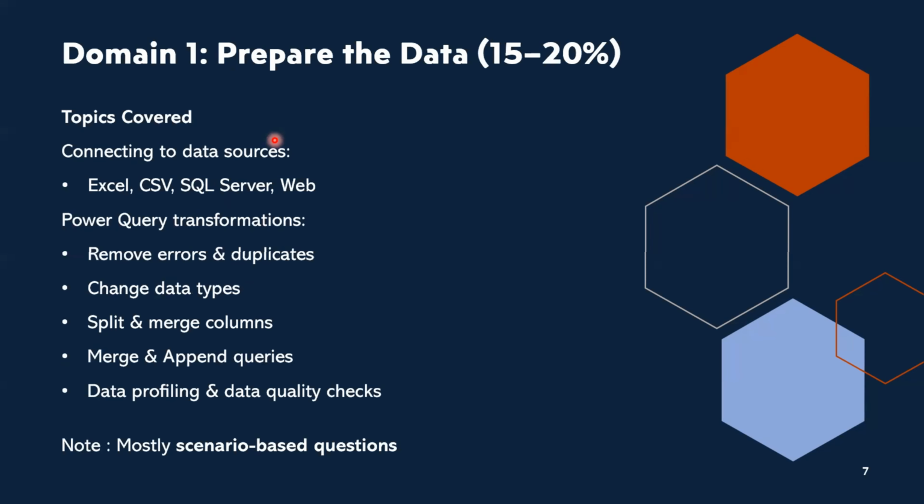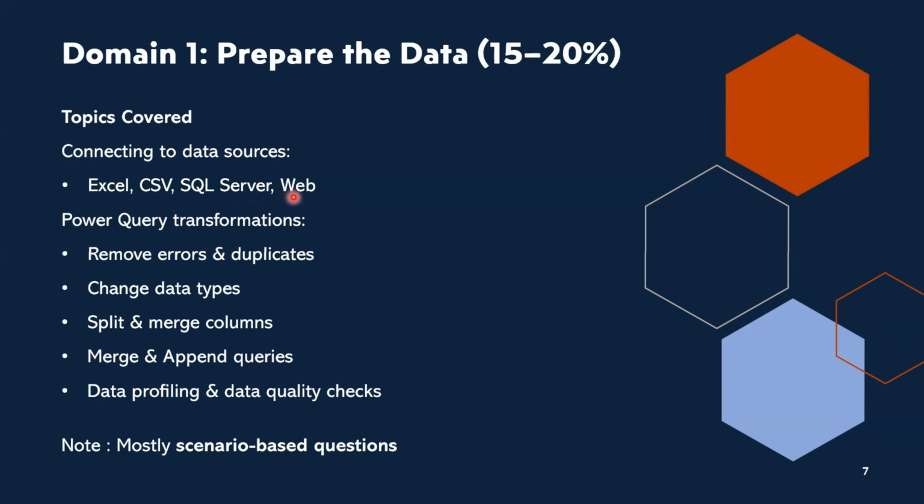Now let's deep dive domain wise. First domain is prepare the data. Under this prepare the data, you will get about 15 to 20% of questions in the exam. Under this domain, you will get questions based on connecting to data sources such as Excel, CSV, SQL Server, web, and other data sources.